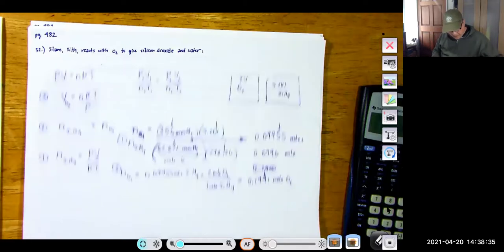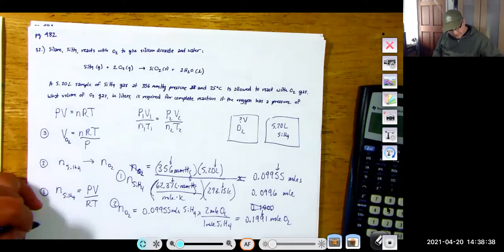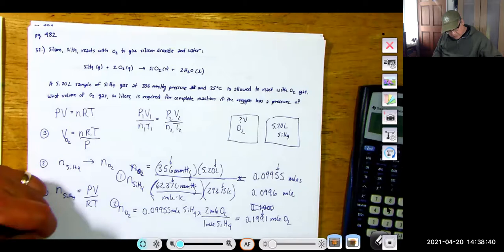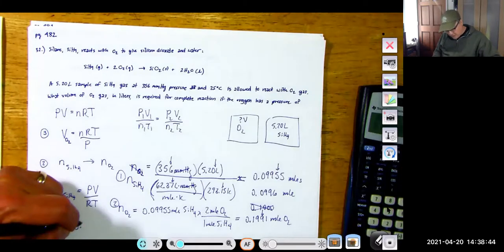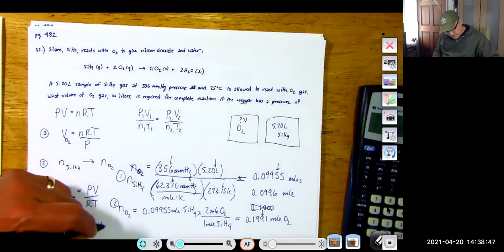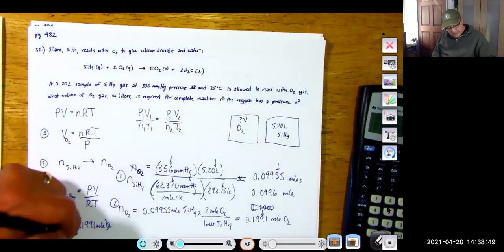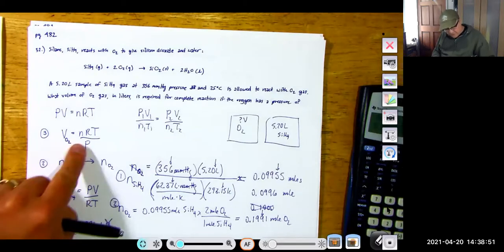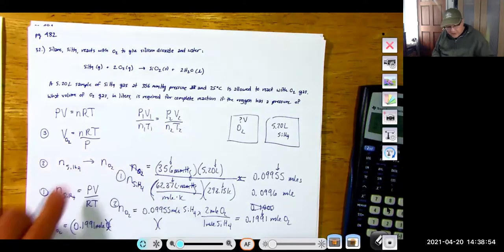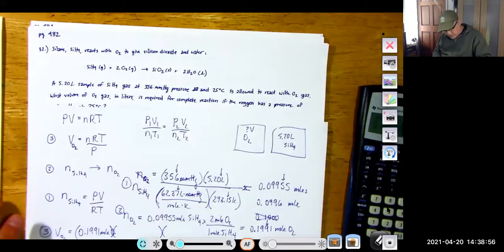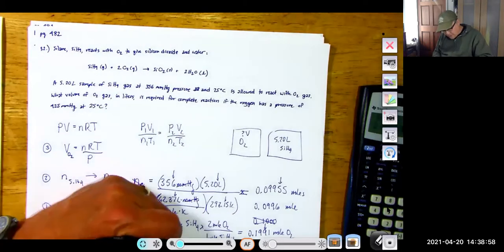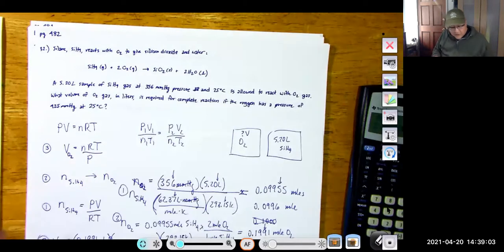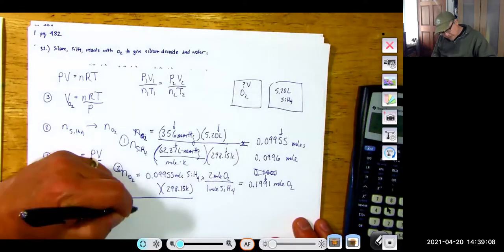And now I can do equation number 3, which is that the volume of O2 is equal to the moles of O2, 0.1991 mole of O2, times R, which I'm going to leave off for just a moment, the temperature, which we say is 25, so that's 298.15 K. And the pressure is 425 millimeters of mercury.